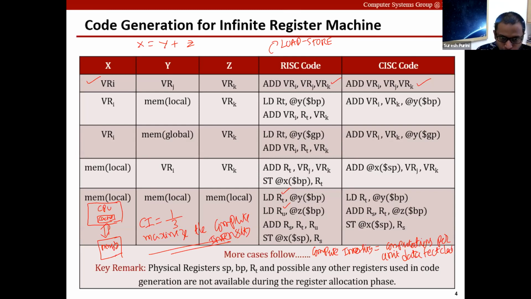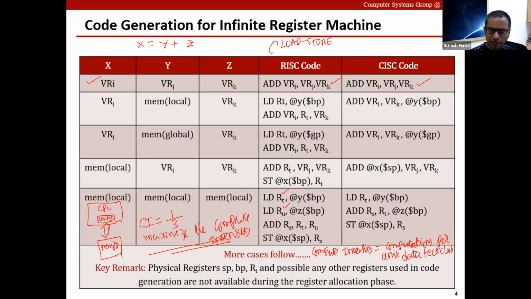So before we move further, I want you to make a note of these registers: stack pointer, base pointer, registers RS, RT, RU, and there will be some other special purpose registers also. All these registers will not be used in the register allocation algorithm, because registers such as SP and BP have a special purpose.